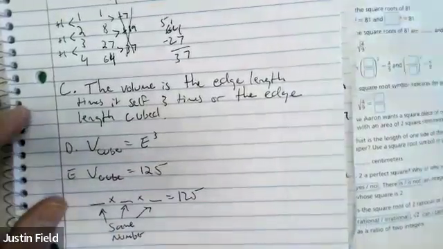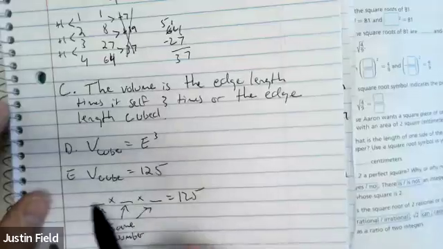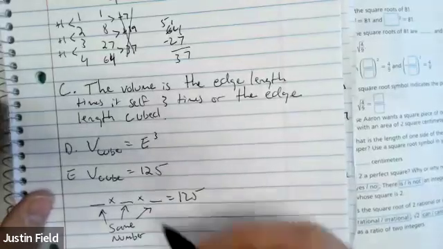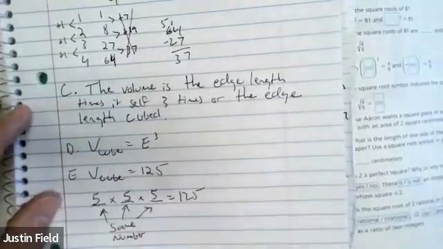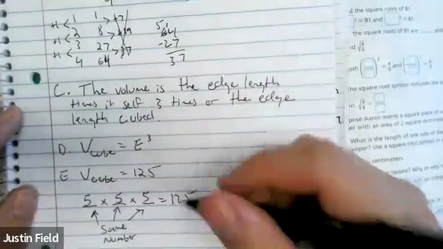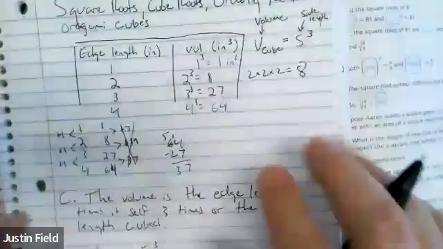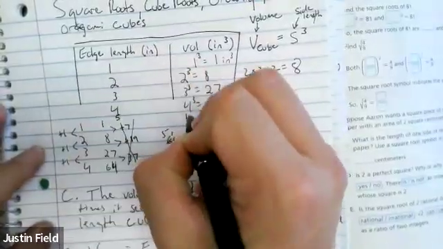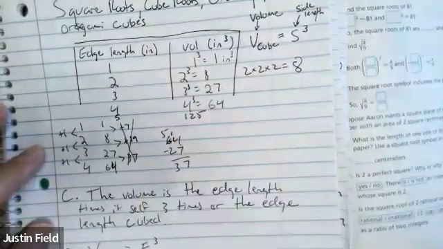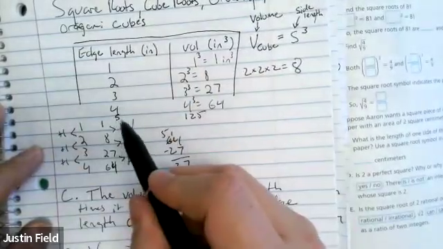So we can't do 1 times 125, because that would be different numbers. Maybe you already know it's 5 times 5 times 5. So if we wanted to continue this table down, we could add 5, and 125 would be the volume of a cube whose edge length is 5.